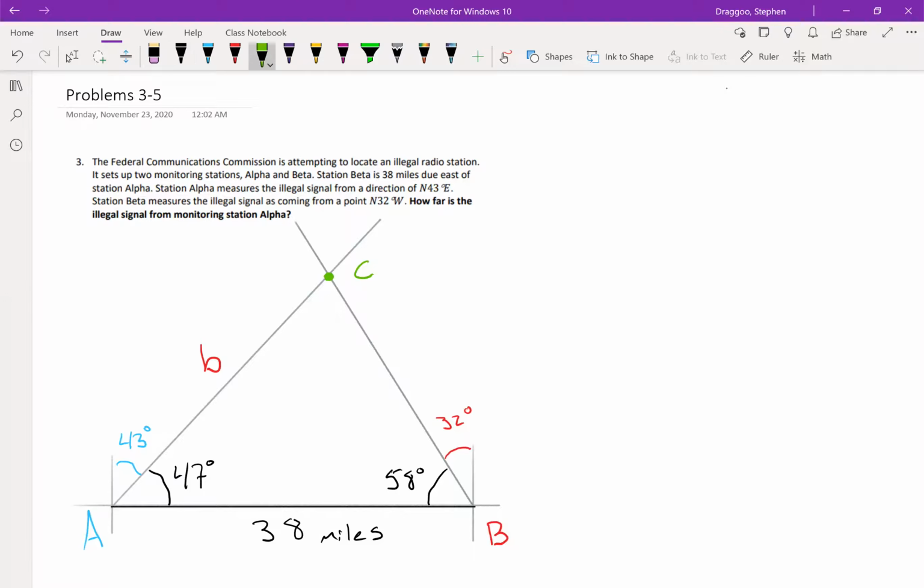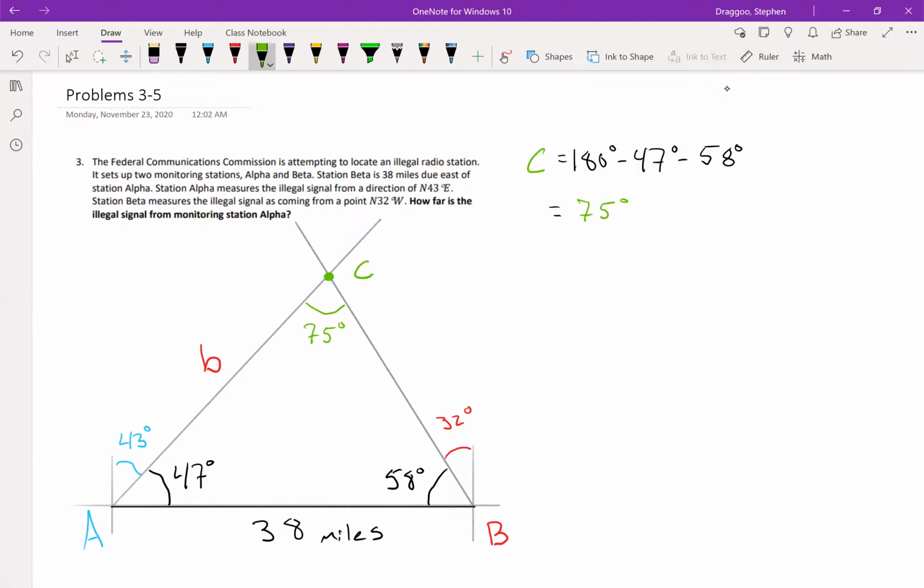And we'll use that information to get our missing angle C, which should be 180 minus 47 minus 58. And that comes out to 75 degrees. Go ahead and label that angle.